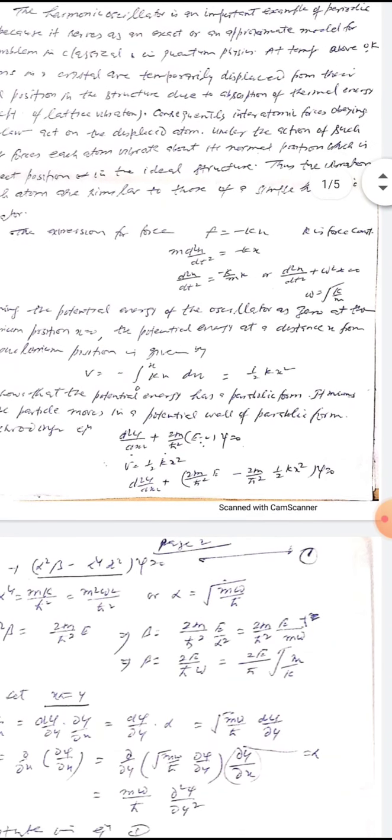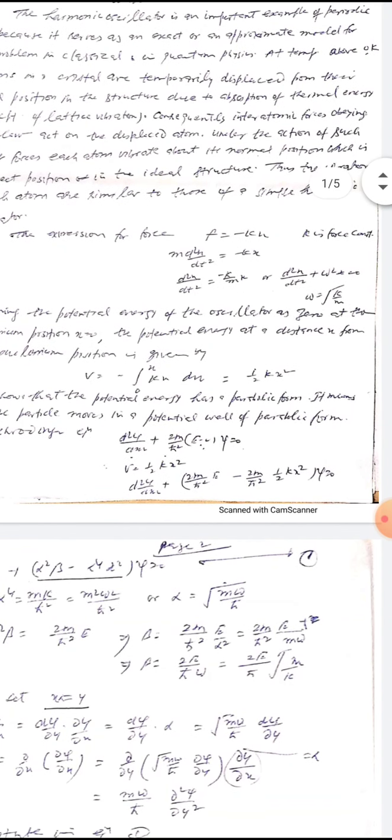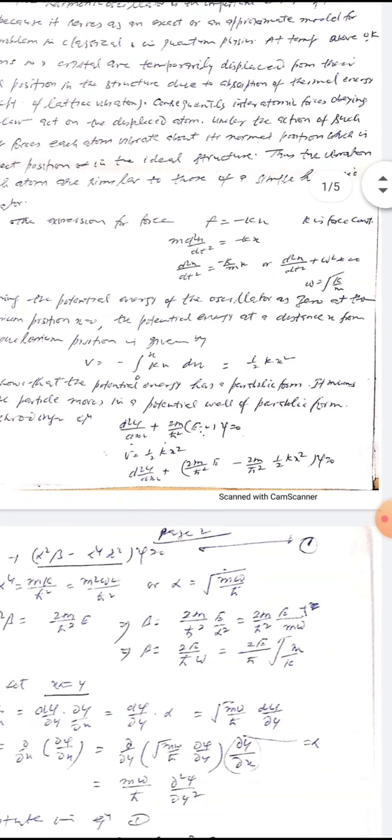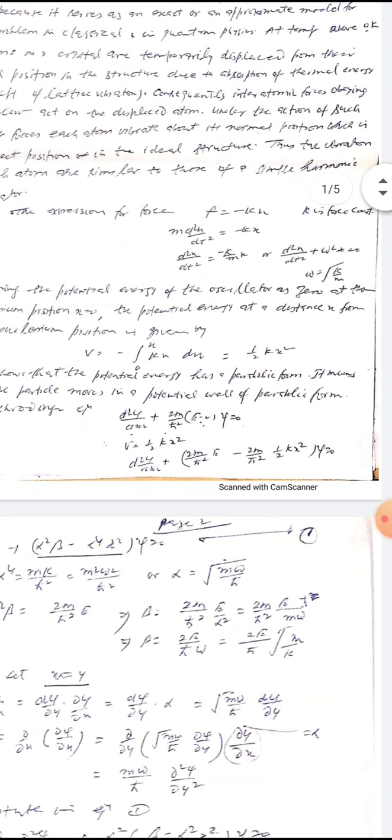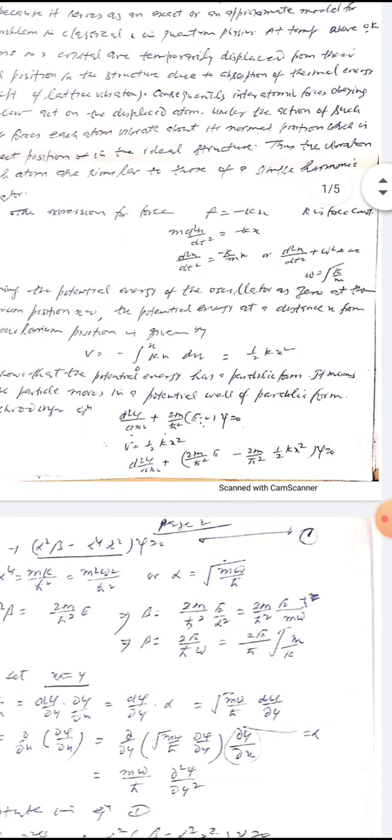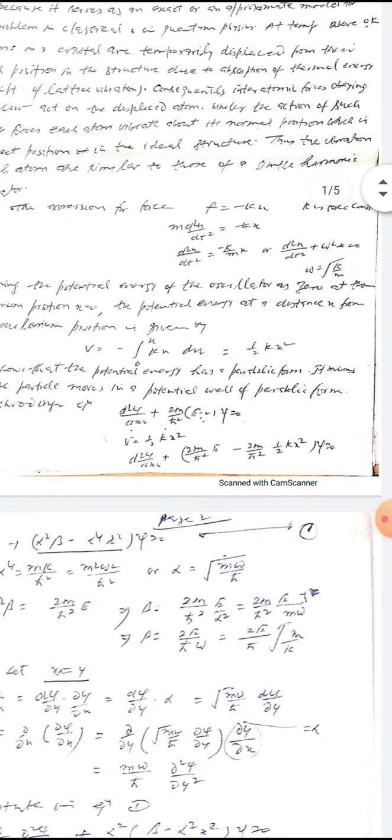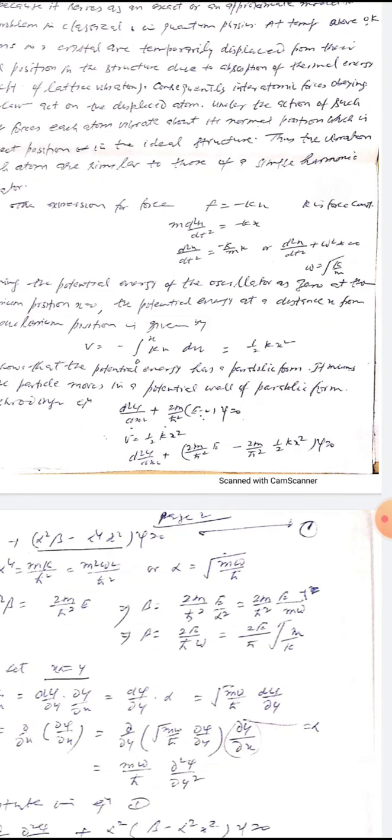So this result is also not a new result for you. This is a classical result which we are studying from class 12th. This equation shows that potential energy has a parabolic form. It means that the particle moves in a potential well of parabolic form.